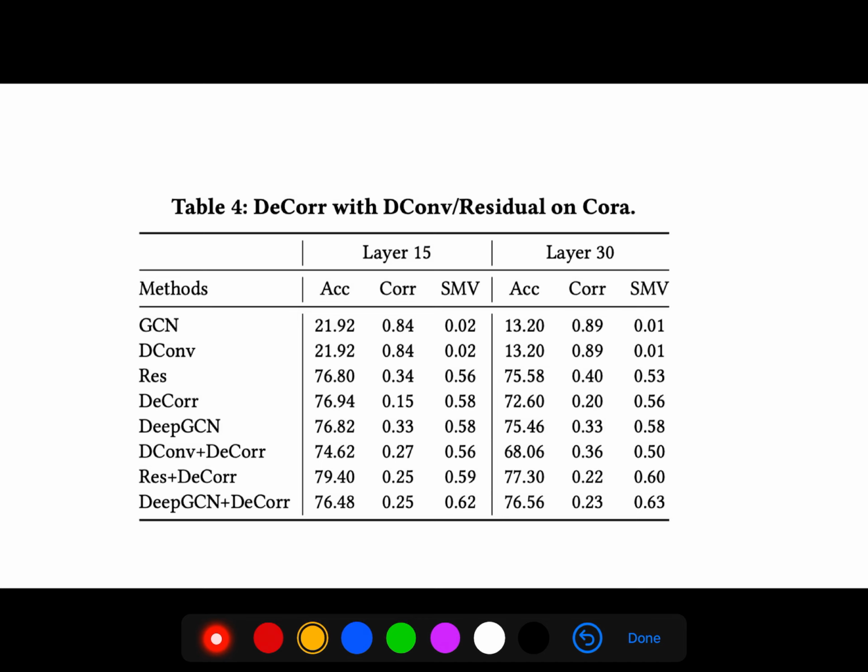If they compare their methods, DeCorr is their method, they just use it with different configurations, such as deep GCN, and they notice what happens when the number of layers grows from 15 to 30. They have three performance measures: accuracy, Corr, and SMV that we define in this paper.